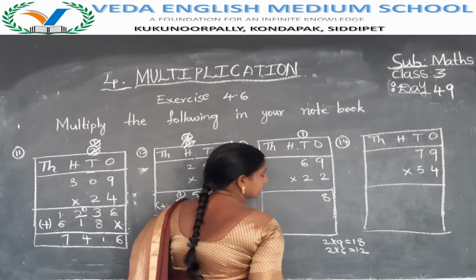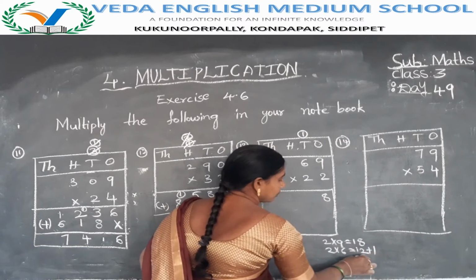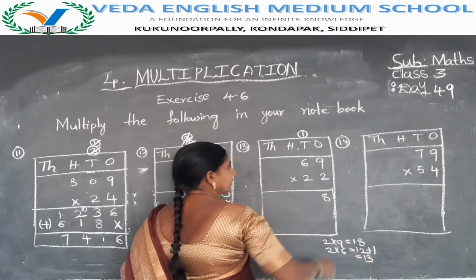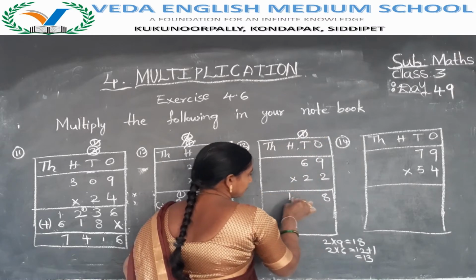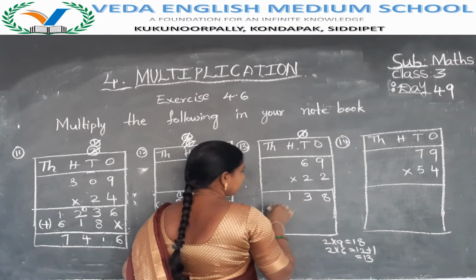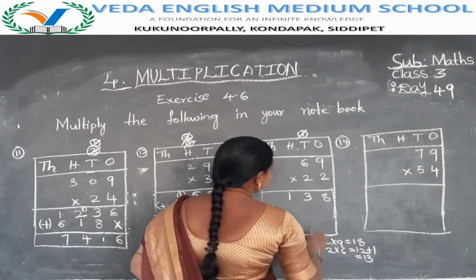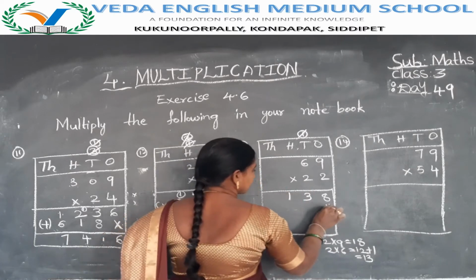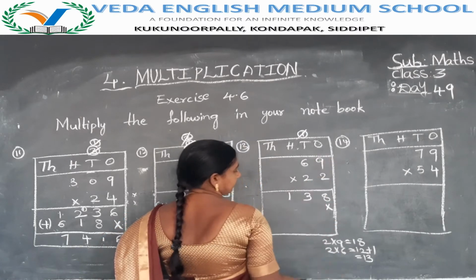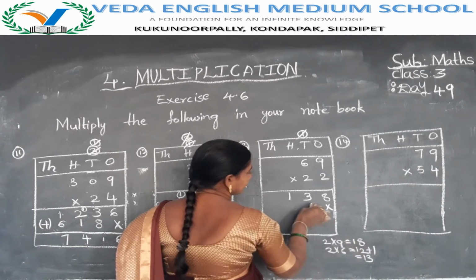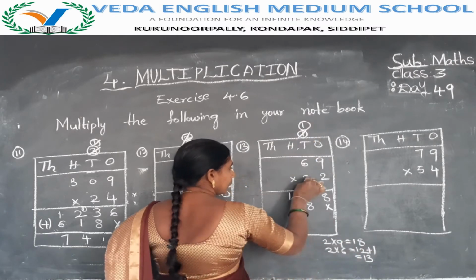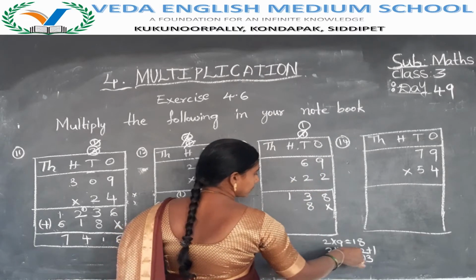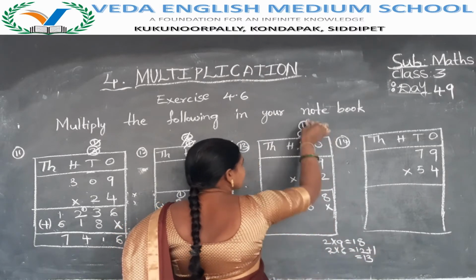But how much is the carry? 1. 12 plus 1 is 13. So write here 13. Next, in the tens place, 2 into 9 is the same: 2 nines are 18, so here also 8, carry 1. Again 2 into 6. 2 sixes are 12, plus 1 is 13.